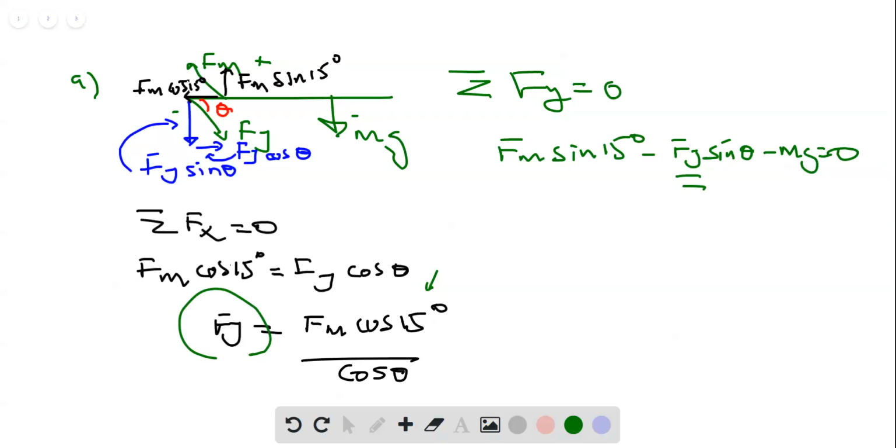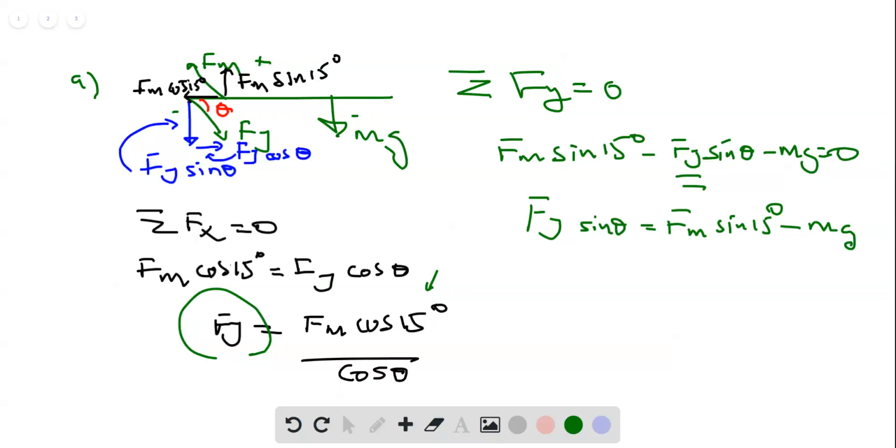So we get to see that Fj sine of theta equals Fm sine 15 degrees minus mg. Okay, that's what we have right there.